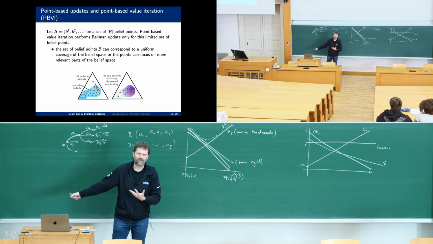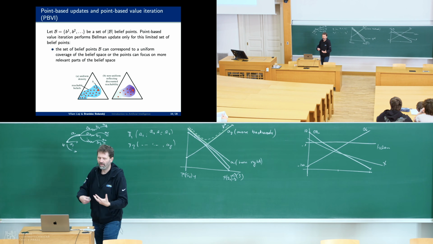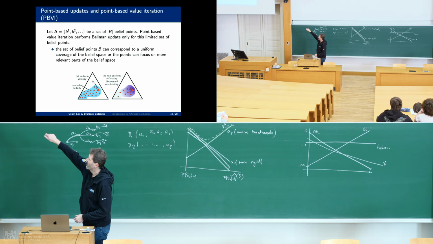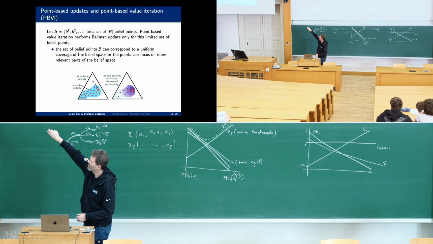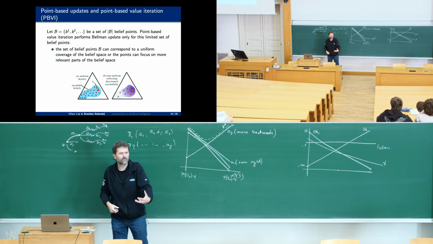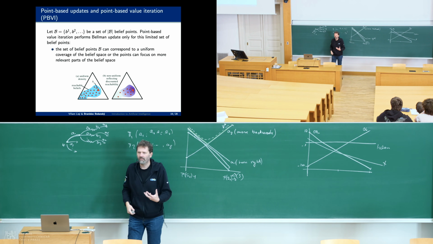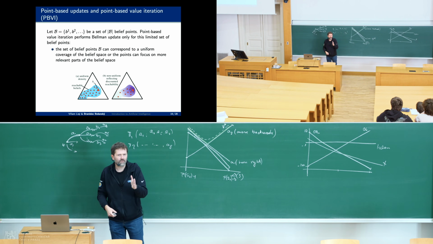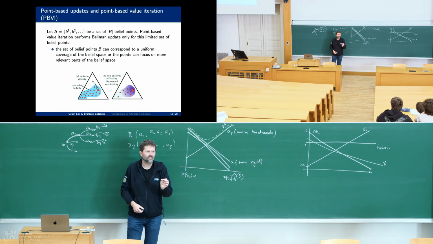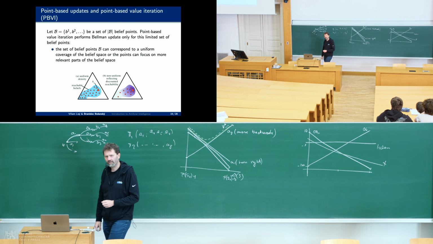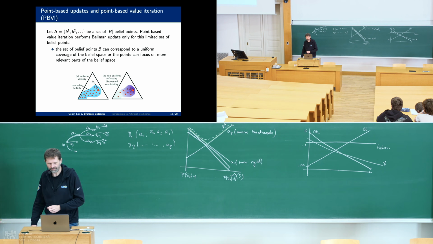So you can discard the 2 and sample from other parts of the belief space. Right? So you can end up with fewer samples in certain regions of the belief space and more samples, for example, in those parts where you need to distinguish more precisely between different belief distributions.